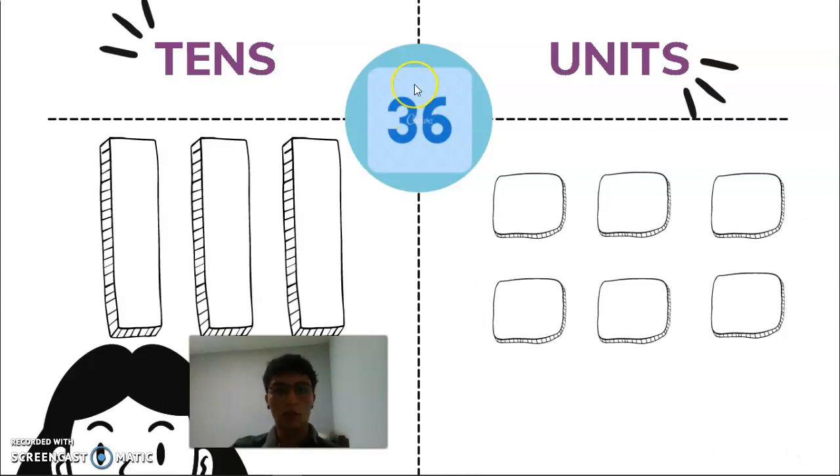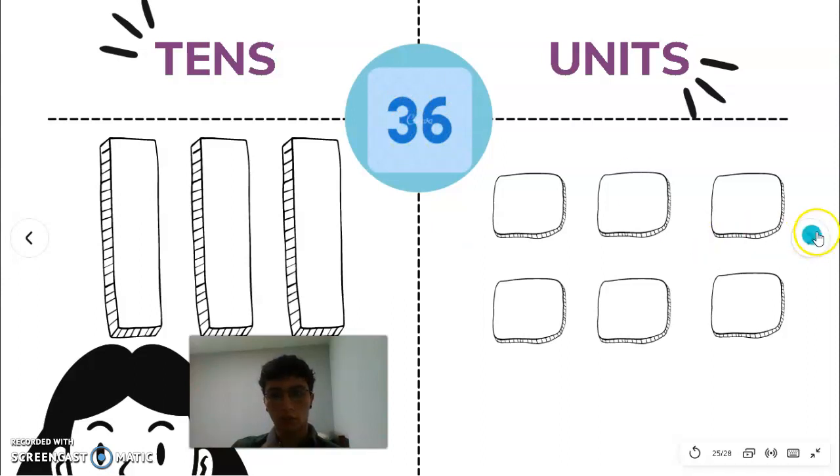En un número de dos cifras, el primer número representa las decenas. Entonces acá, we have here 3 tens, 1, 2, and 3. And on the other hand, we have the units. We have the number 6, 1, 2, 3, 4, 5, 6. And those together create the number 36.